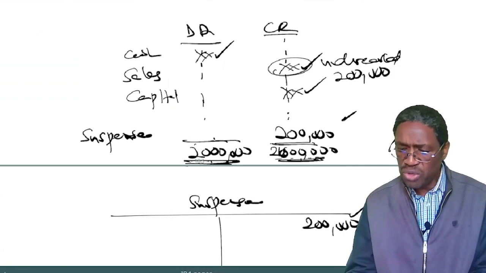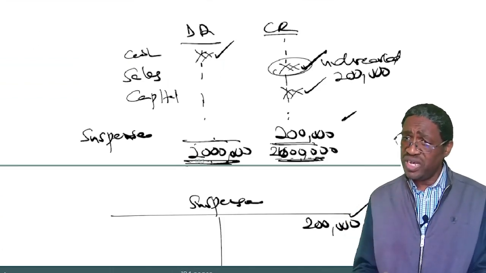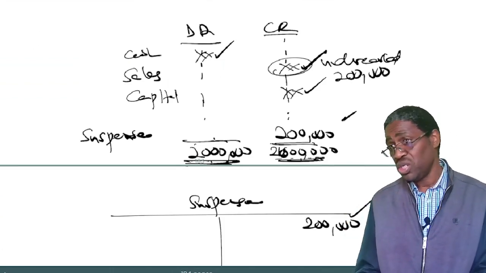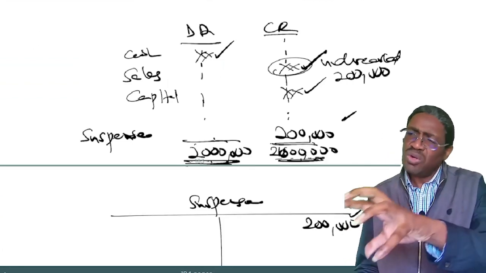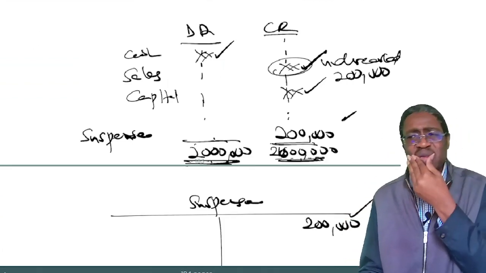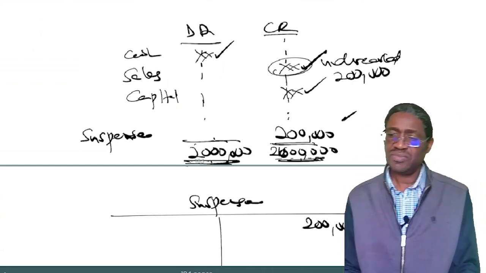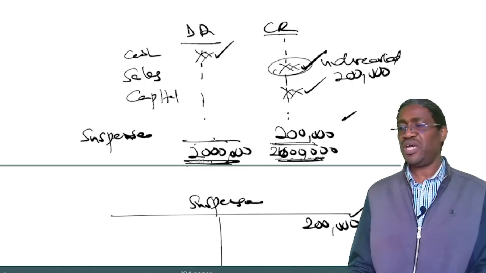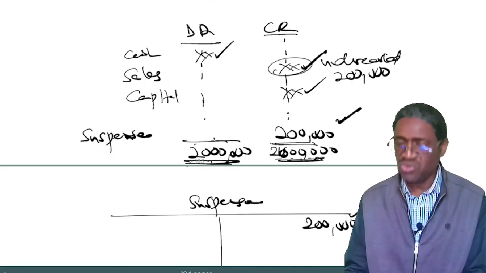So the sales you brought here were less. So when you try to get the column of the credit total, you realize it's coming to 1.8. But you don't have to go back to the books looking for the error again for now. No, you suspended the amount. When you suspended the amount, you had to put it in a suspense account, 200.